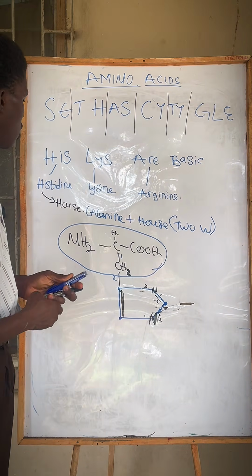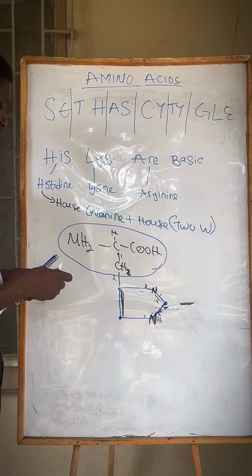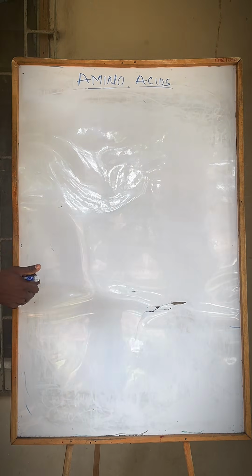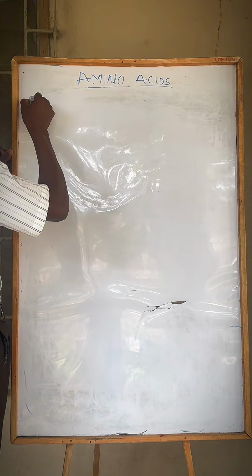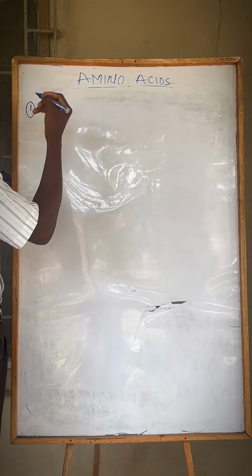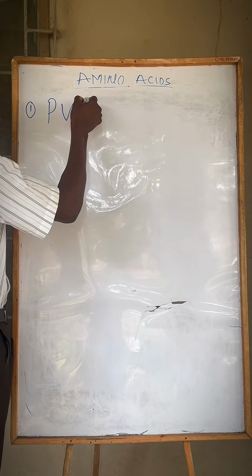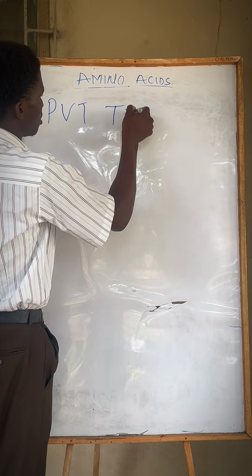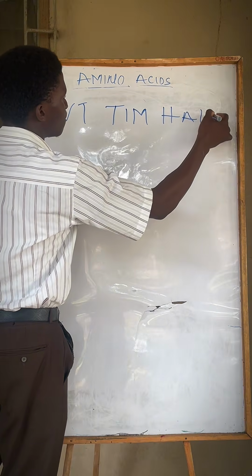Now that is it about the structure of the 20 amino acids. So now let's look at this. Don't forget, for the essentials we have PVT TIM HALL.